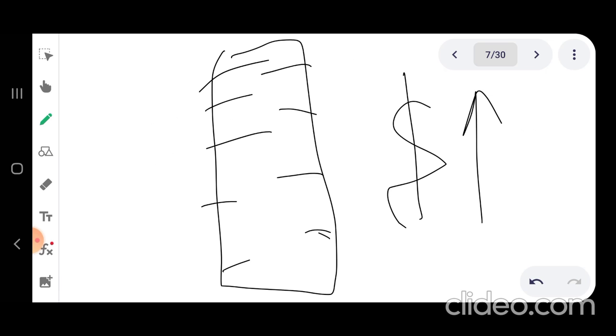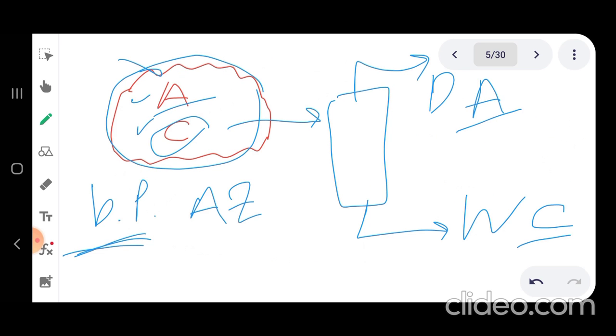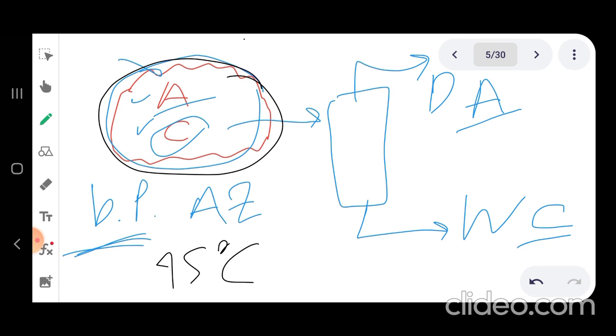So sometimes separation by distillation is not feasible. So this is one case where the two components are very close in boiling point. For example, one of these components boils at 45 degrees C and the other boils at 48 degrees C.